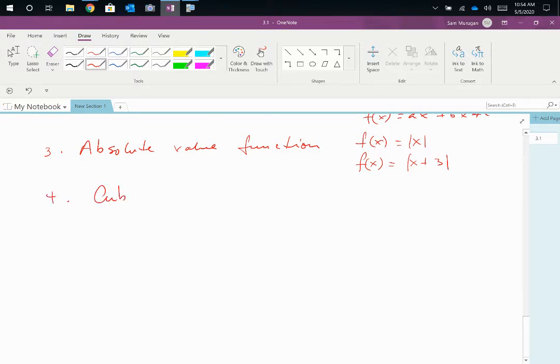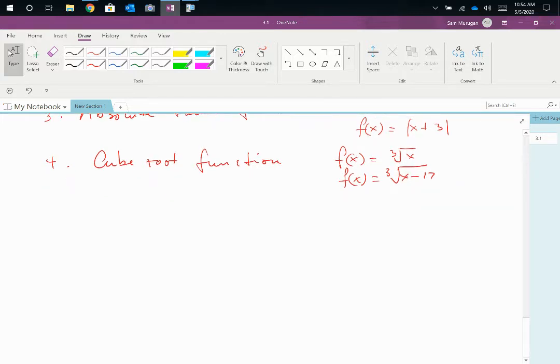Any cube root function, anything in the form f of x is equal to the cube root of x, any variation of that still has a domain of negative to positive infinity.